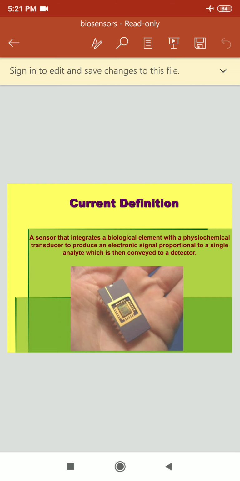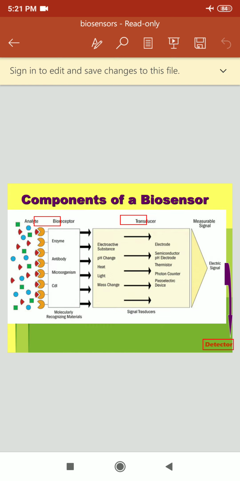So ultimately biosensors have a biological element, which can bind with the transducer, and from that electronic signal we get the results. This is the simple mechanism of a biosensor. There are many biosensors used, like enzyme, antibody, microorganism, and many more.